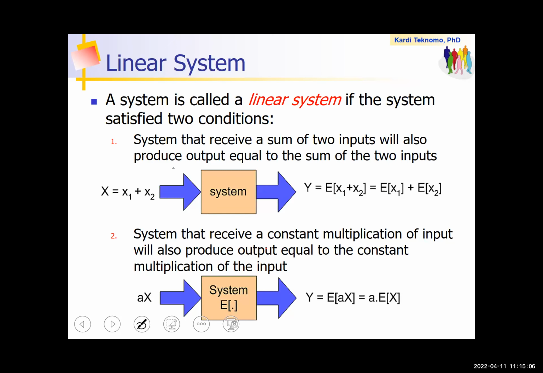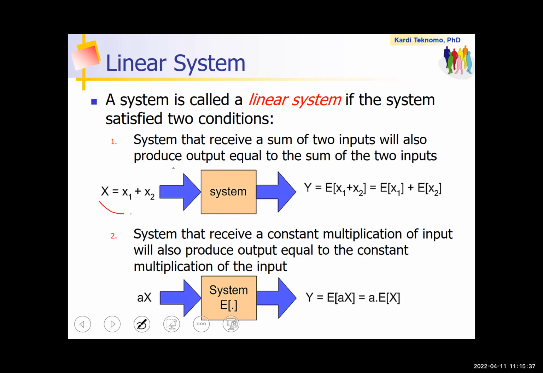Then a system is called a linear system if it satisfies two conditions. Number one, a system that receives a sum of two inputs will also produce output equal to the sum of the outputs of the two inputs.